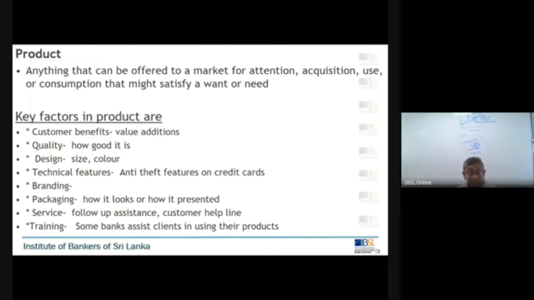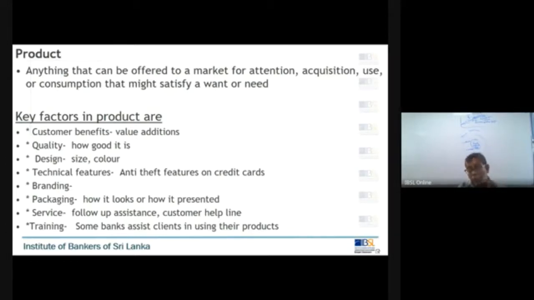And services we're expecting: after sales service, customer helpline, follow-up assistance, and also training, right? Especially if you buy certain technical products, the organization gives you training. Even for bank customers, they give some training. These are the things that need to be associated with the product.